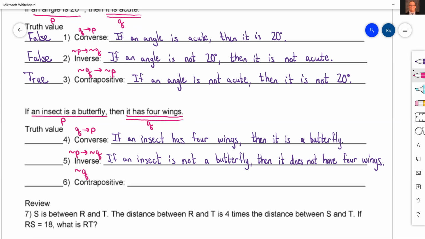If not Q, then not P. So if an insect does not have 4 wings, then it is not a butterfly.